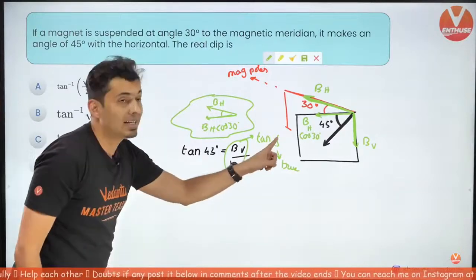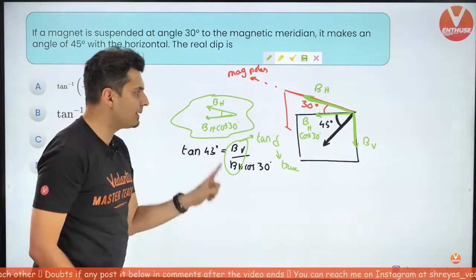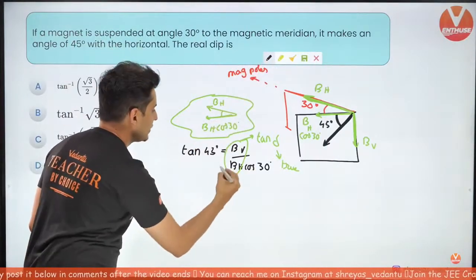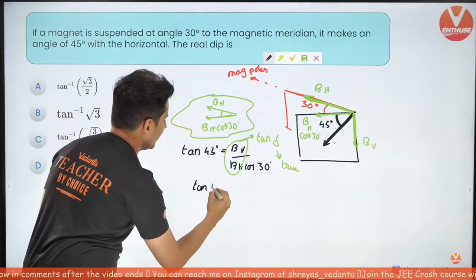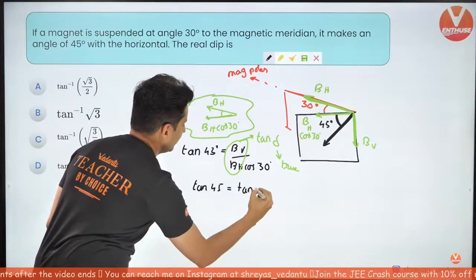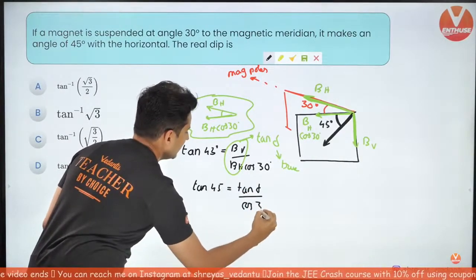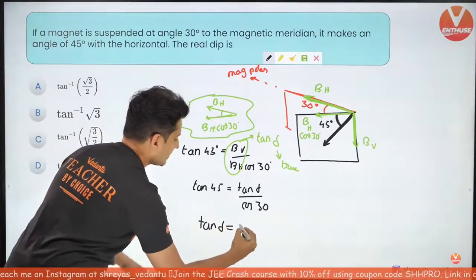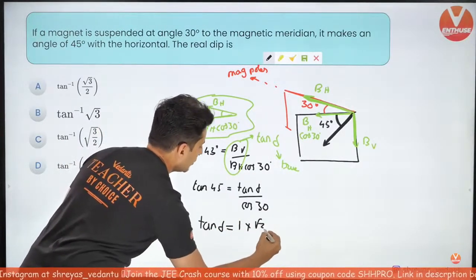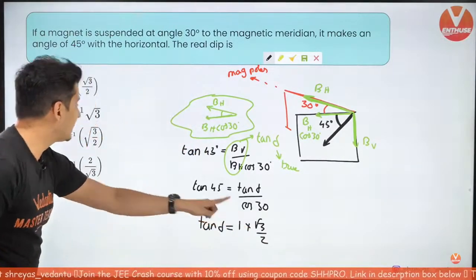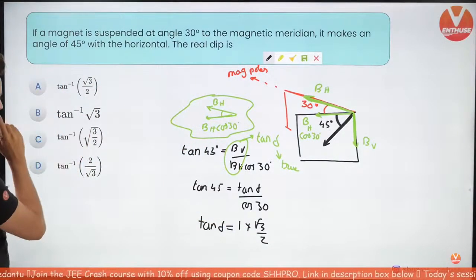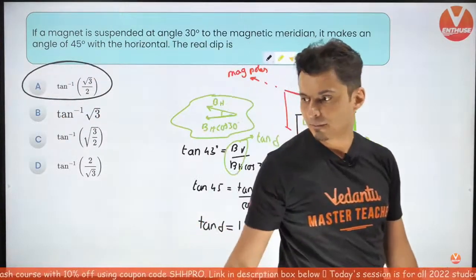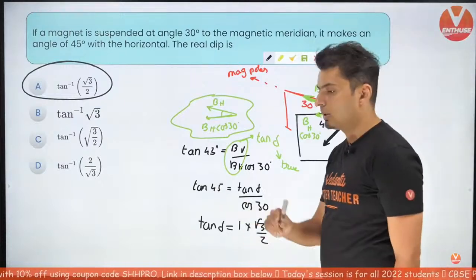This delta is your actual dip angle, BV by BH, in that magnetic plane. So I just have to rearrange it. So tan 45 is equal to tan delta by cos 30. Essentially tan delta will be, this is 1, cos 30 is root 3 by 2. So delta will be tan inverse of that. So tan inverse of root 3 by 2, which is option A. Perfect. This is how it works.